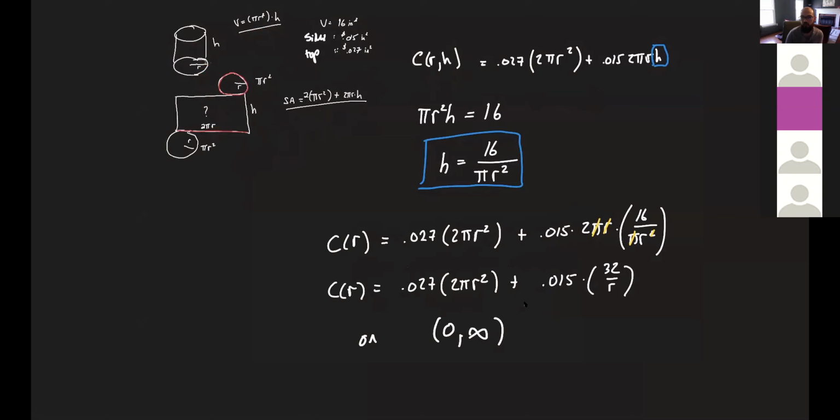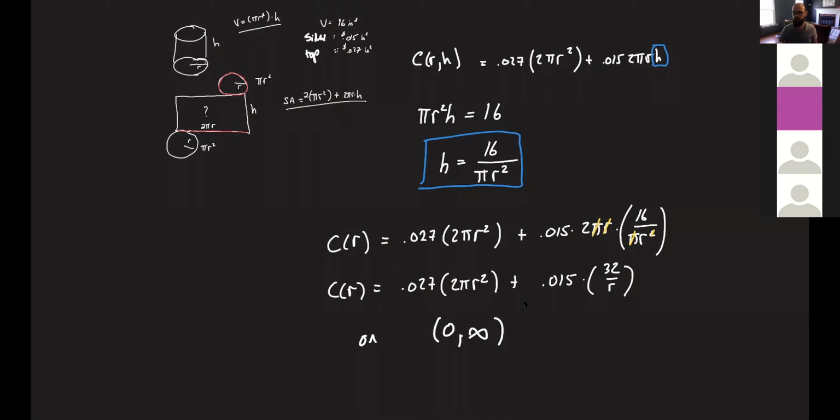And then the next step was, hey, our cost function has multiple variables. It has r's and h's in it. And so we used our constraint, a fixed volume, to eliminate one of those variables. And then we were able to optimize our new cost function.